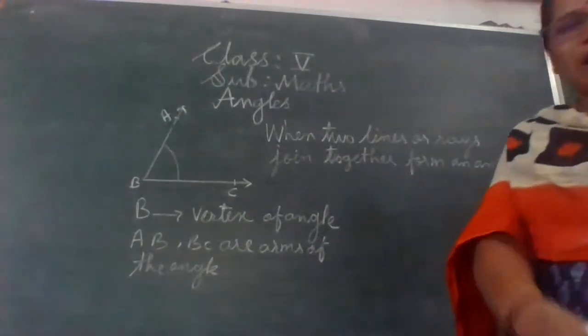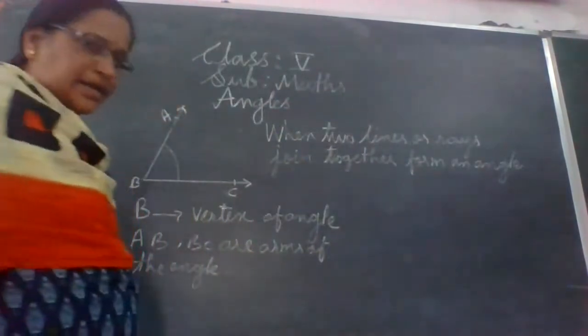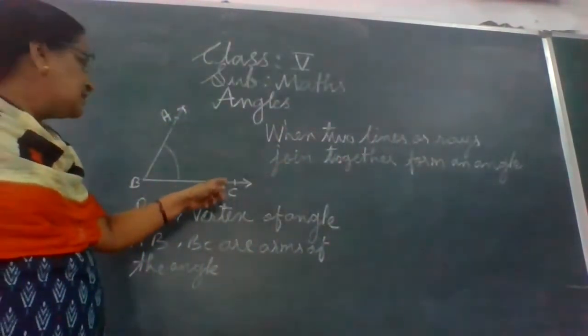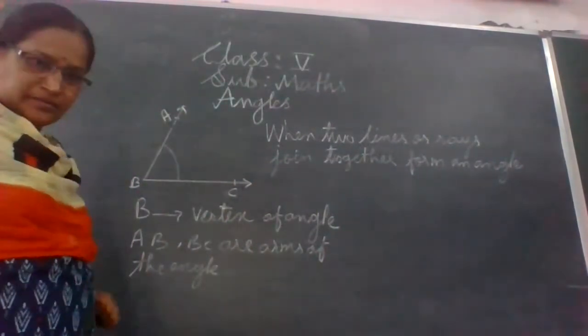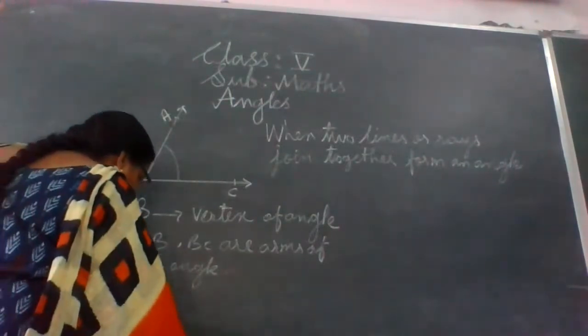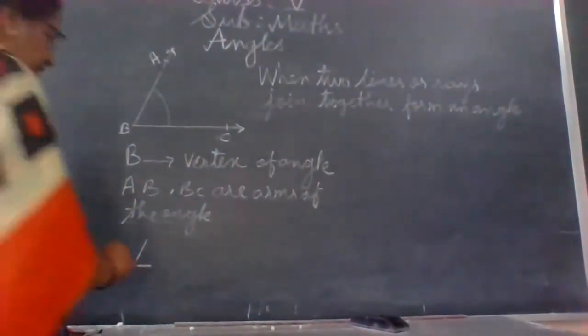Okay, beta? Now, how will you name this angle? You can write angle ABC or angle CBA. Got it? And this symbol denotes the measure of angle.